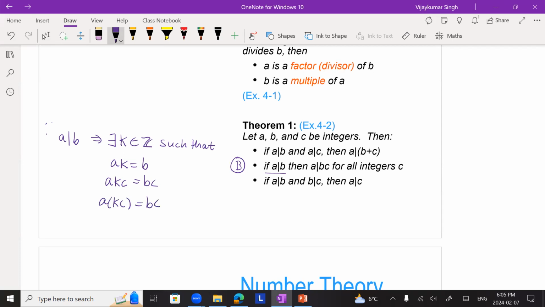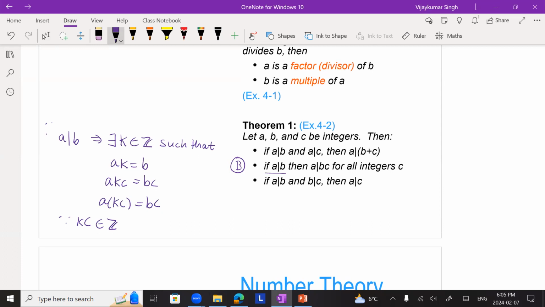Then you say, since KC belongs to Z, a proper way would be: K is an integer, C is an integer, you multiply them, you get an integer. This is a nice property of integers. You say, this is an obvious property, why do I need to write this down? Note, if you're playing with irrational numbers, square root of 2 times square root of 2 is not irrational anymore. It becomes rational.